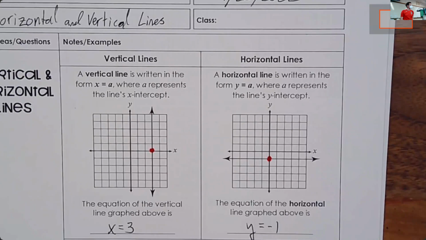It is a pretty simple thing to do, and in pre-algebra, this is one of the topics that doesn't necessarily have to be included. So you'll see slope-intercept form in pre-algebra. You'll see graphing diagonal lines in pre-algebra, but you won't always see horizontal and vertical lines.